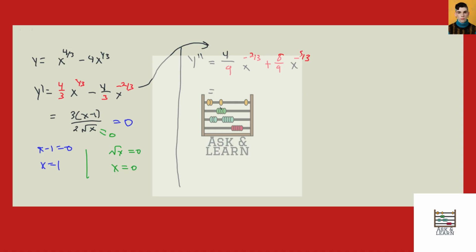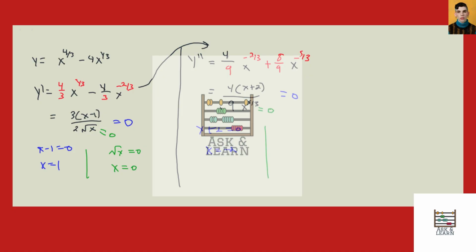And using a little bit of algebra, we can rewrite this to get (4x plus 2) over 9 x to the 5/3. So again, we're going to set the function equal to 0, and that will only occur when x plus 2 is equal to 0, or x is equal to negative 2.